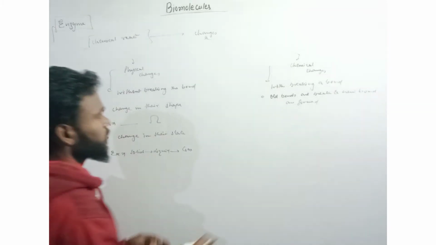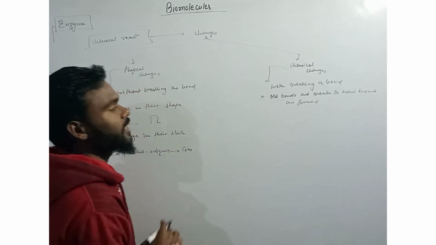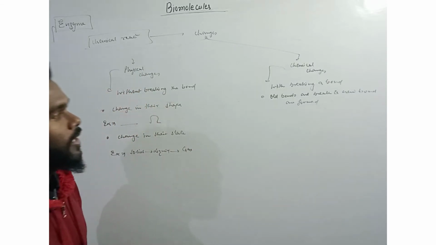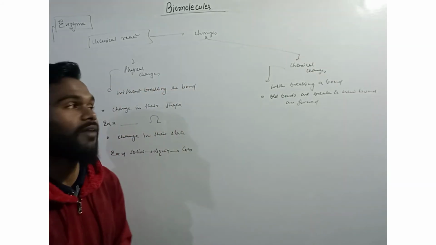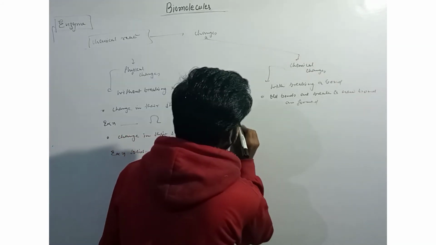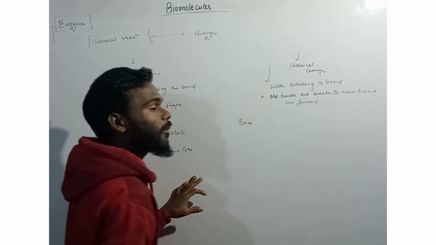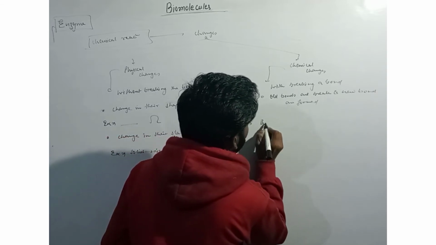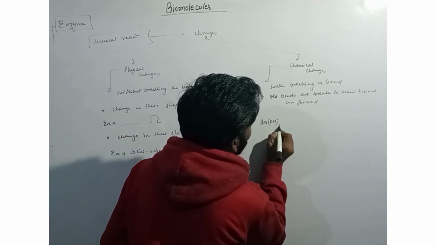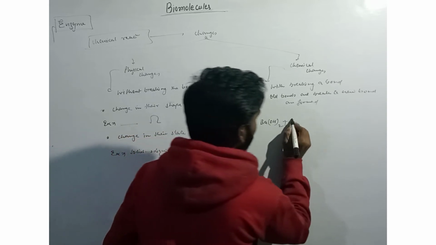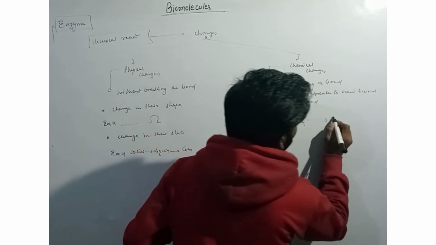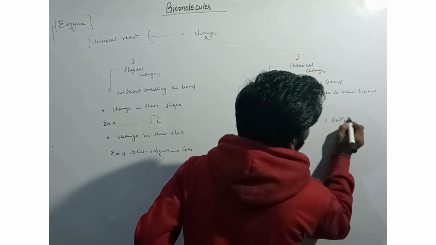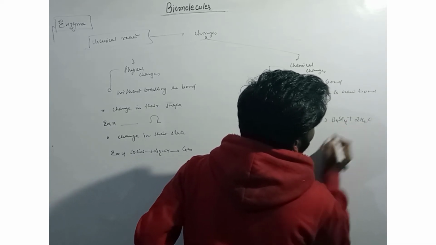Now talking about chemical changes, old bonds are broken and new bonds are formed. For example, barium hydroxide, Ba(OH)2, plus H2SO4 forms barium sulfate, BaSO4, plus 2 molecules of water.